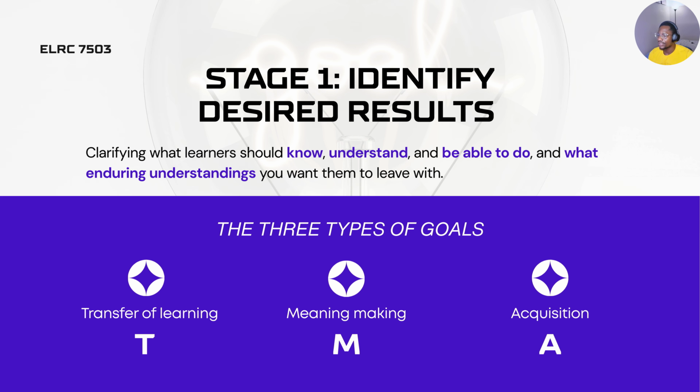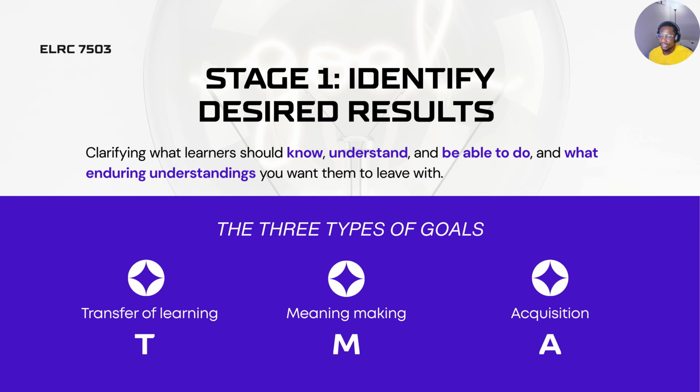All right, stage 1 of the Understanding by Design framework is identify desired results. This means clarifying what students should know, understand, and be able to do, and what enduring understandings you want them to leave with.